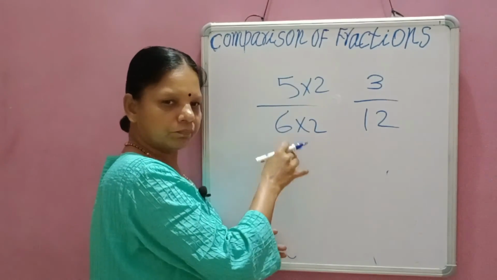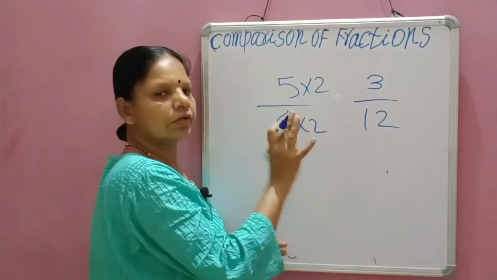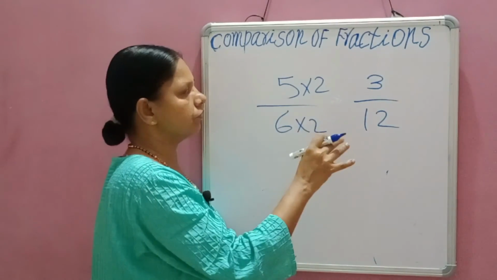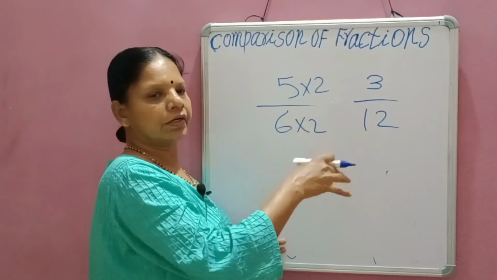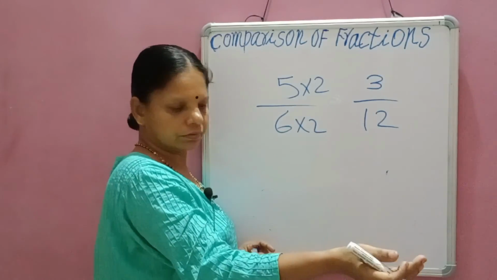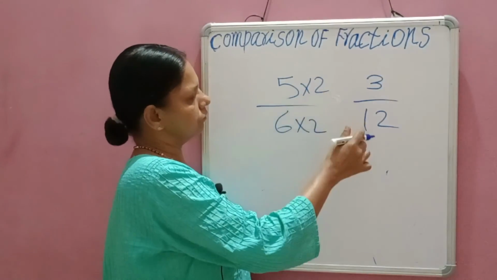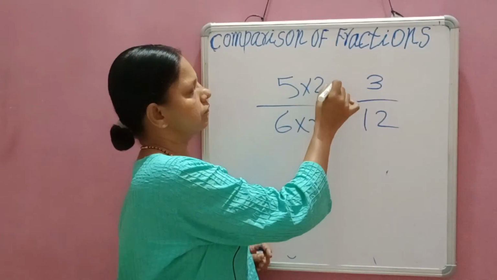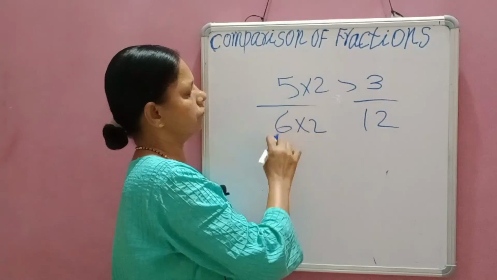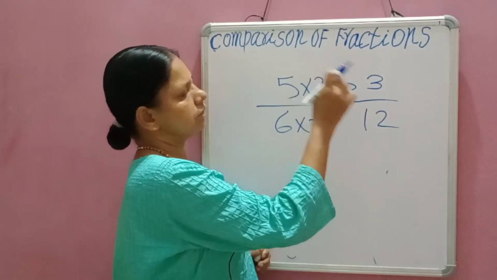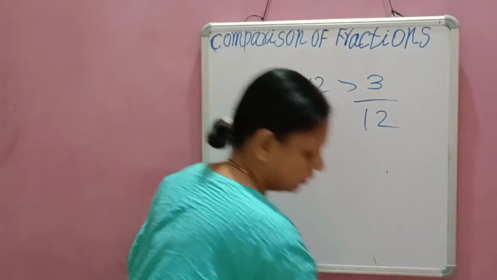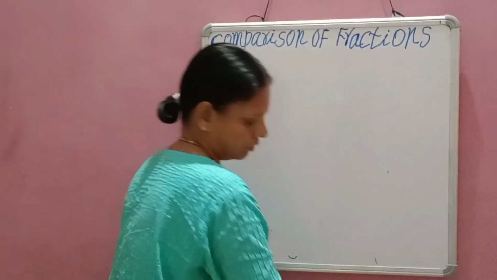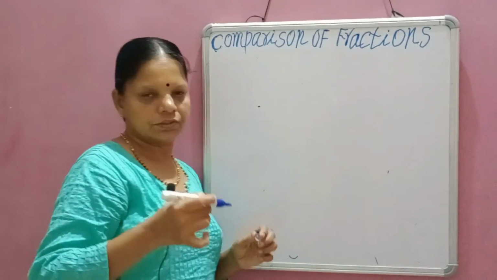So what is the main method? Equalize the denominator. Once you equalize the denominator, we compare the numerators. So here 5 into 2 is greater, therefore 5 upon 6 is greater than 3 upon 12. Clear? This is the way of comparing any two fractions.